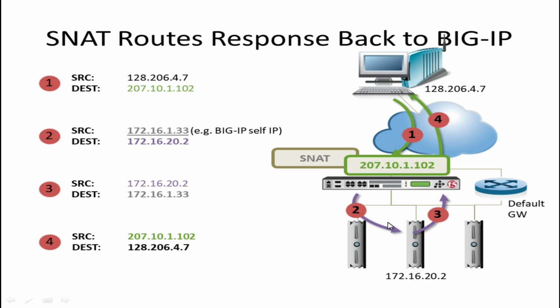Let us go flow by flow. The first flow is the same: the source IP is your PC and the destination IP is your virtual server. But in the second flow, the source is also changed to the BIG-IP self IP.